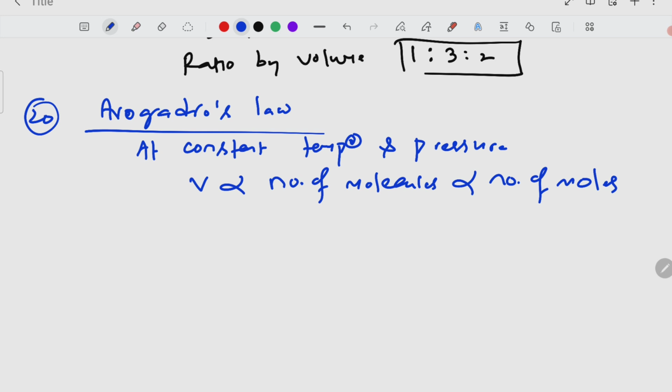As we know, 1 mole of a substance contains 6.022 into 10 power 23 molecules. 2 moles contain 2 into 6.022 into 10 power 23 molecules. If moles increase, the number of molecules also increases. That's why volume is directly proportional to the number of molecules and moles. So if volume increases, the number of molecules and moles automatically increase. That's the overall conclusion of Avogadro's law.